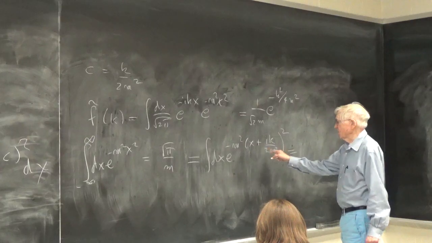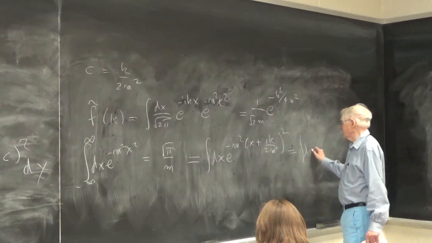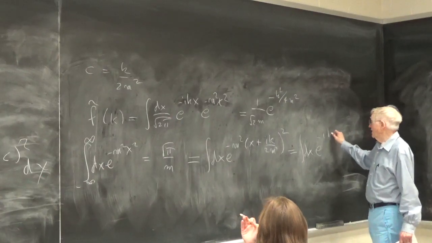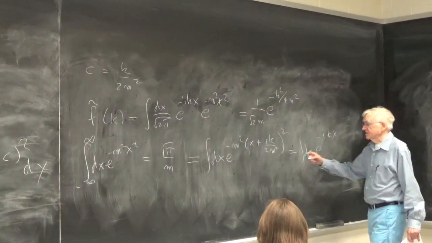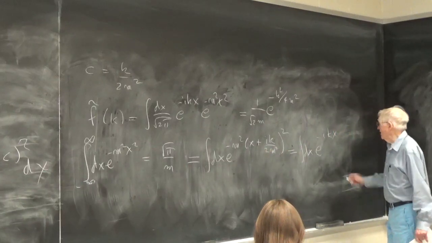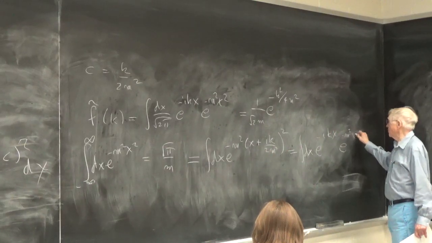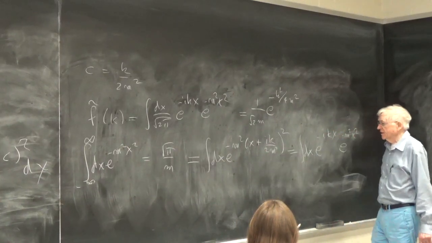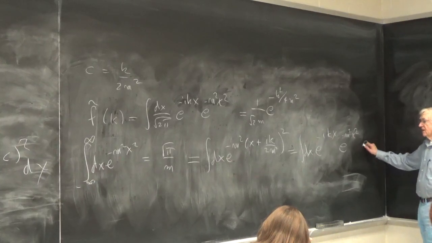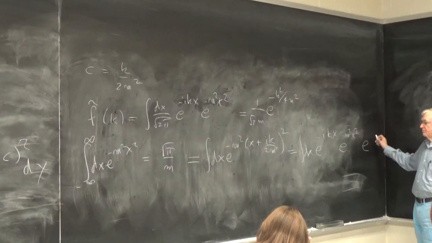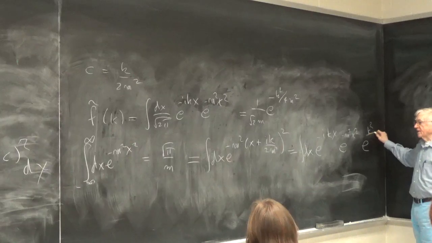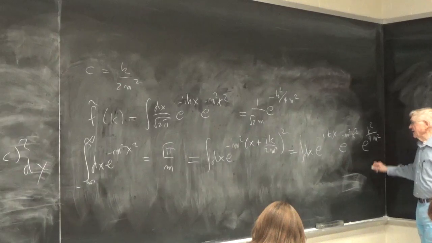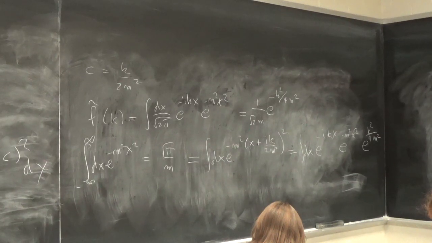And so this term is integral dx e to the minus ikx, that's the cross term, and then e to the minus m squared x squared, that's this term, and then this thing squared is going to be e to the k squared over 4m squared.